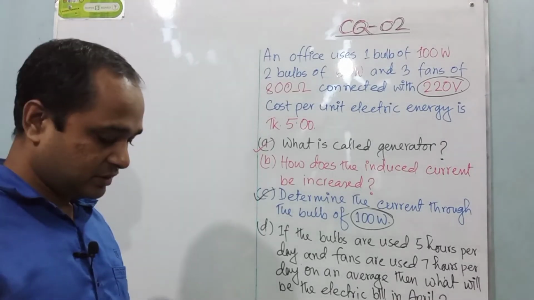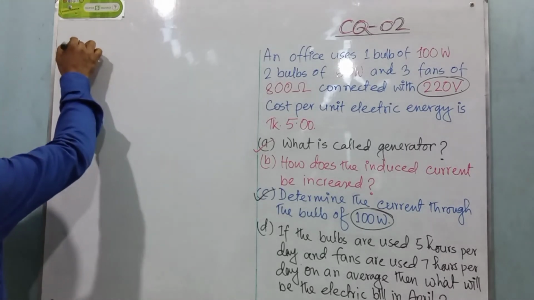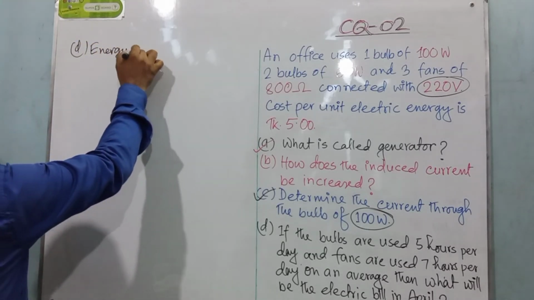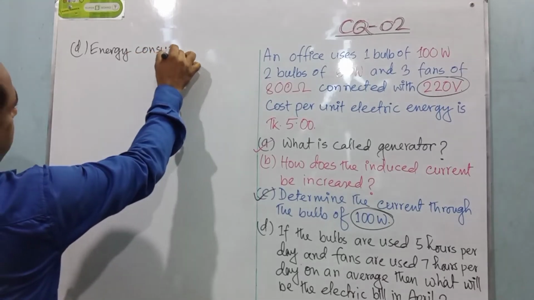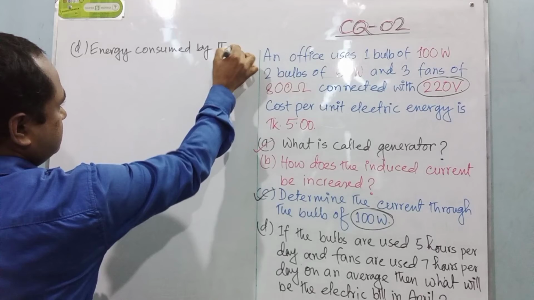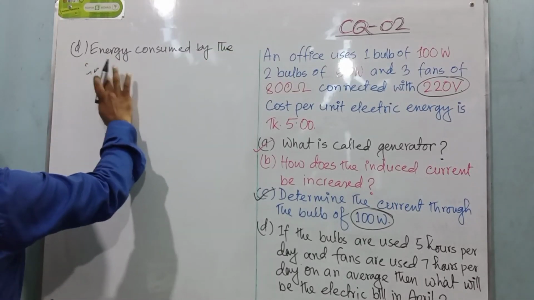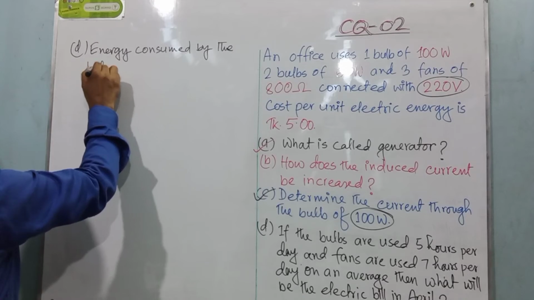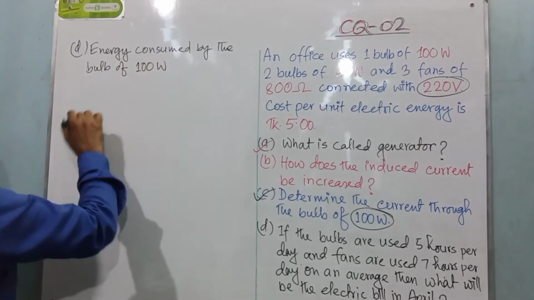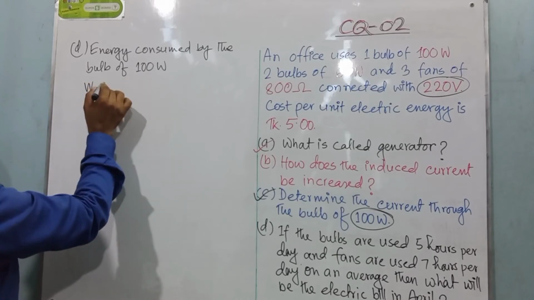Okay, so energy consumed by the bulb of 100 watt, if denoted by W1.